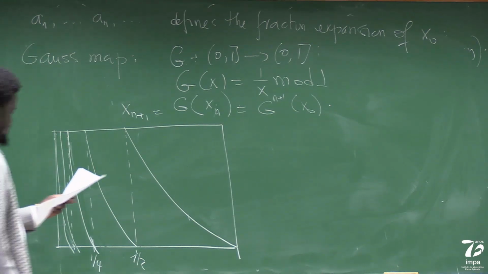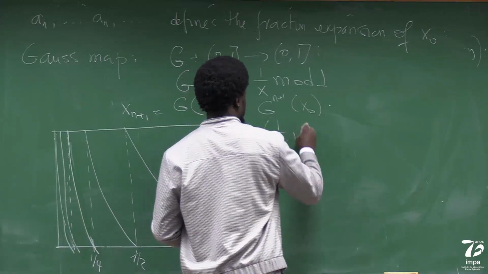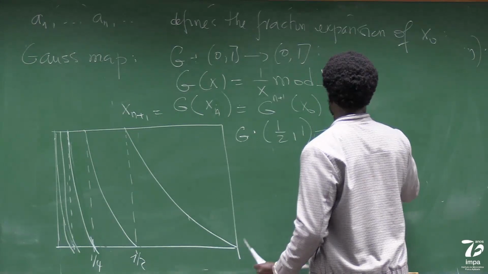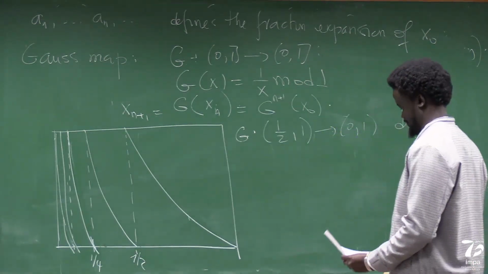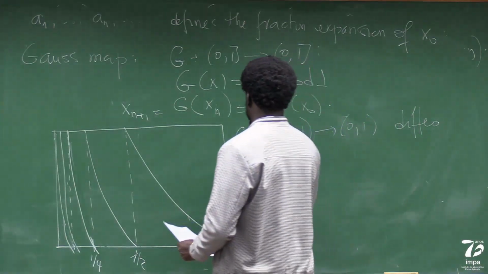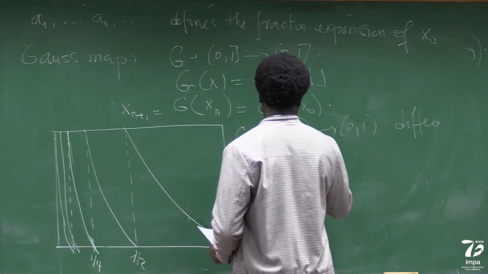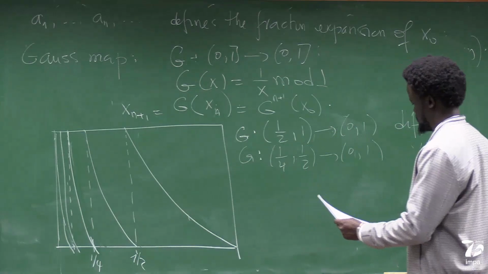So G from a half to 1, to 0, 1 is a diffeomorphism. And G also from a quarter to half, to 0, 1 is also a diffeomorphism.